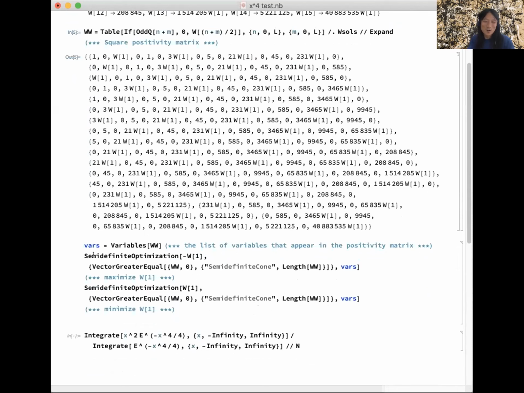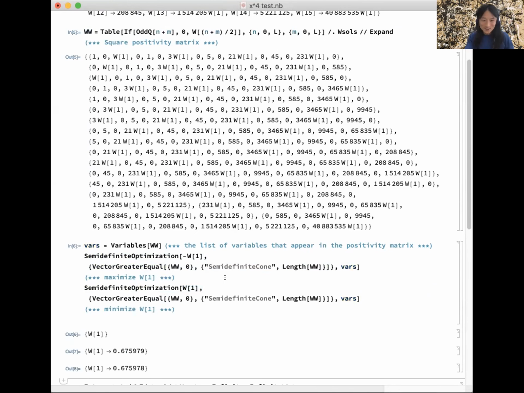In this case, this system is small enough that you don't need any fancy solver. You can just use Mathematica semi-definite optimization. You can minimize either minus w1 or w1, in which case you get both the upper bound and lower bound on w1, which is the x squared expectation value, subject to the condition that this matrix ww, the square positivity matrix, has to be positive semi-definite.